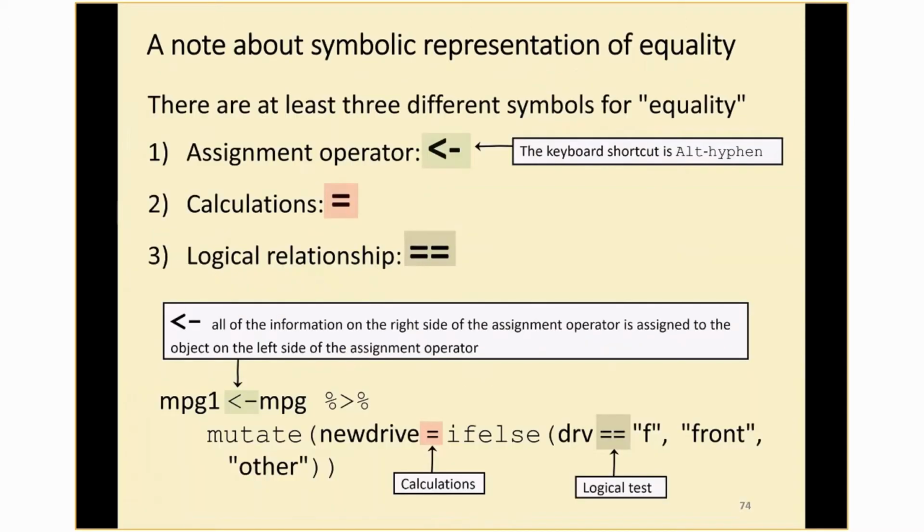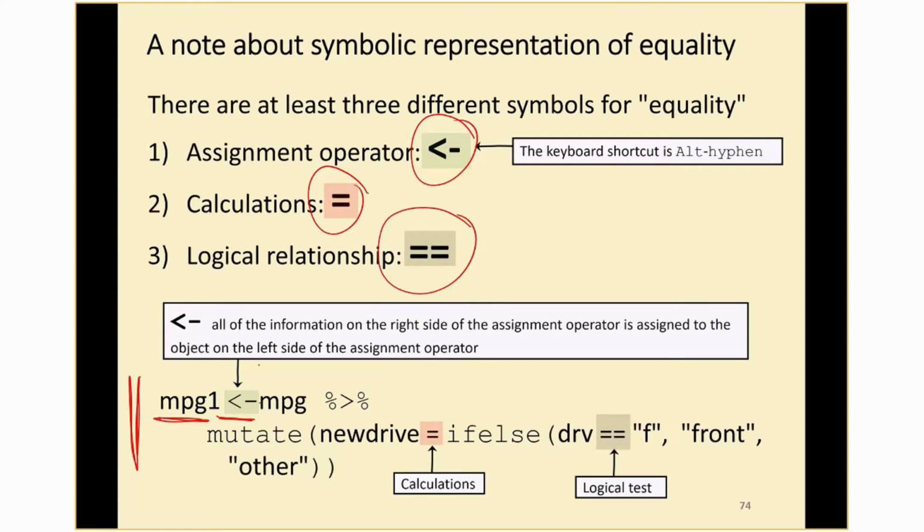Just a little note about different ways in which equality is expressed, because it can get a bit confusing. One way is the assignment operator. A second way is the single equal sign if you're doing mathematical calculations, and thirdly, the double equal sign for testing of a logical relationship. We see all 3 down here, where we create MPG1 by assigning to it what's on the right-hand side.